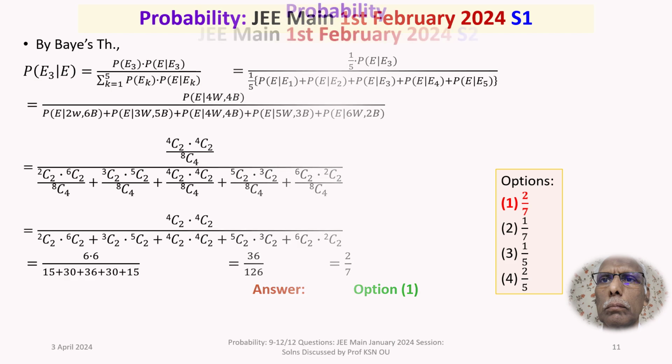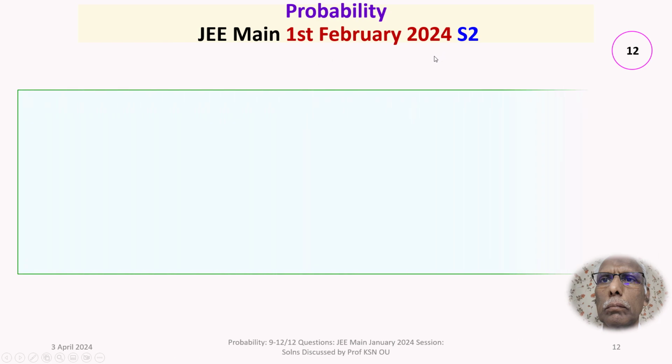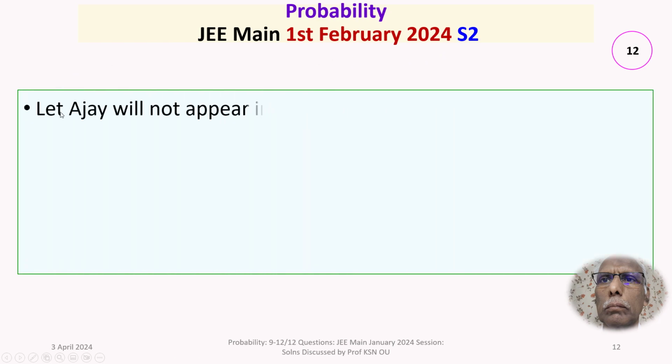Let's move to the next question. Question number 12. This is the last question in this discussion. This question has appeared in the JEE Main exam held on 1st February 2024 in the second shift. The given question is, let Ajay not appear in JEE exams with the probability p equal to 2 by 7.